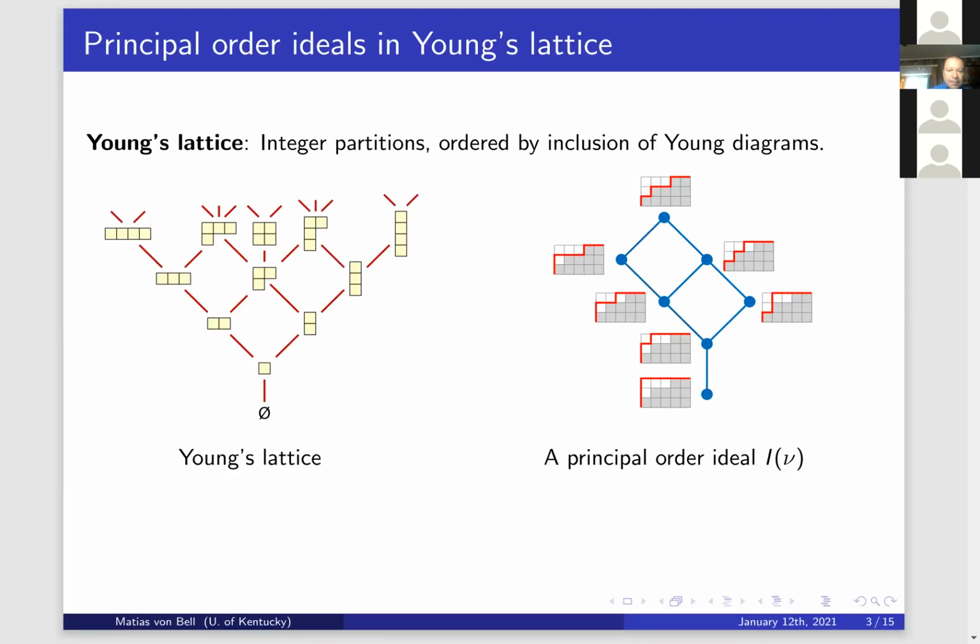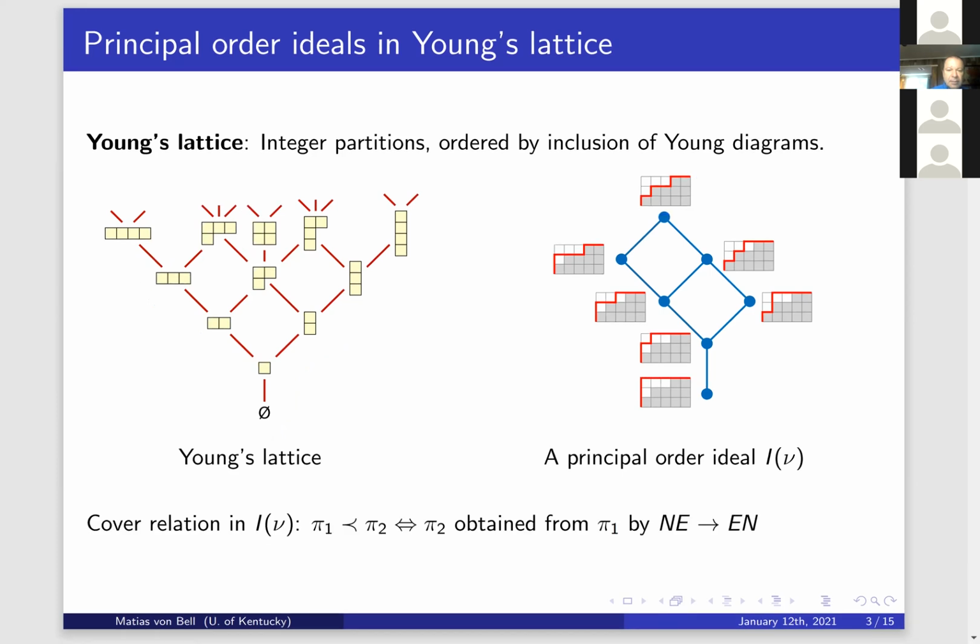It gives a lattice immediately on the set of ν-Dyck paths, by the obvious correspondence: you take this partition and look at the region above the ν-Dyck path. There's an immediate correspondence there.